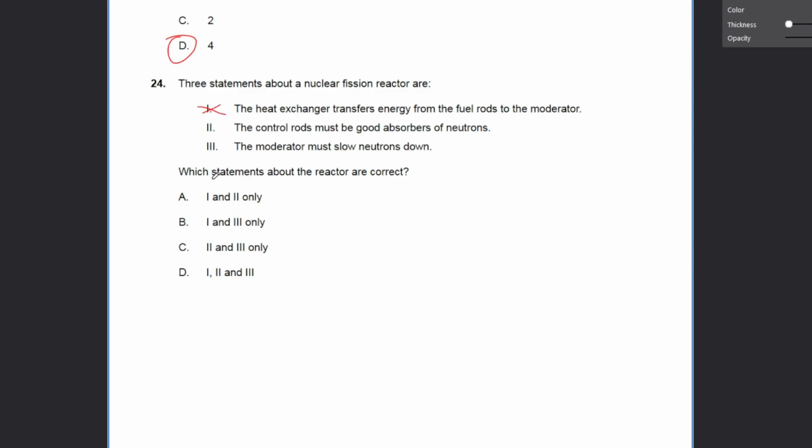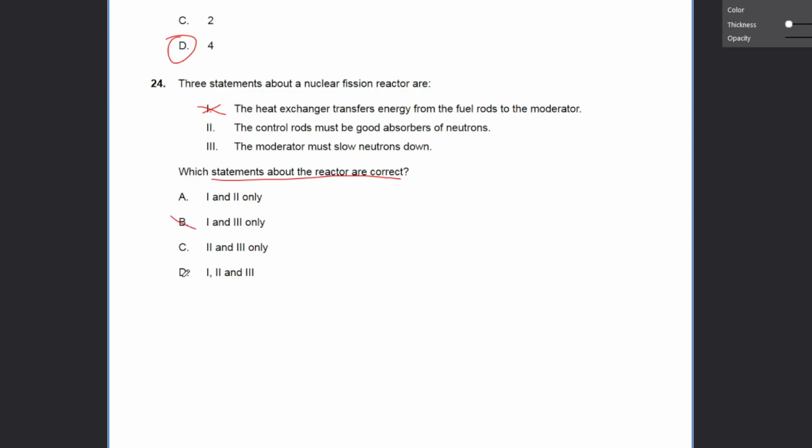We're asked what statements about the reactor are correct, and 1 is incorrect. Alright, moving on to 2 though. The control rods must be good absorbers of neutrons. So yes, this is a requirement because we need to be able to control the reaction rate and the fission that is occurring. So our answer needs to include 2.